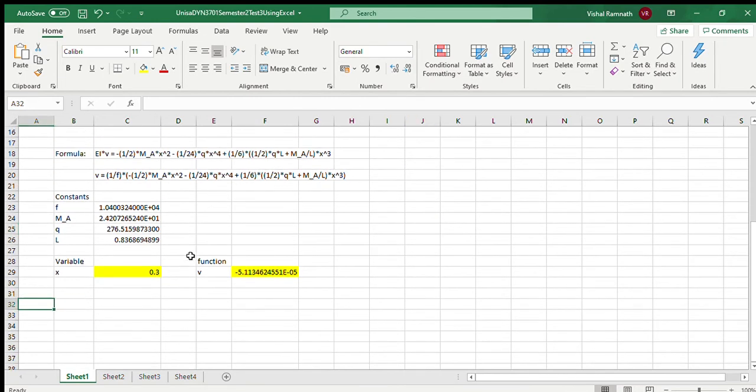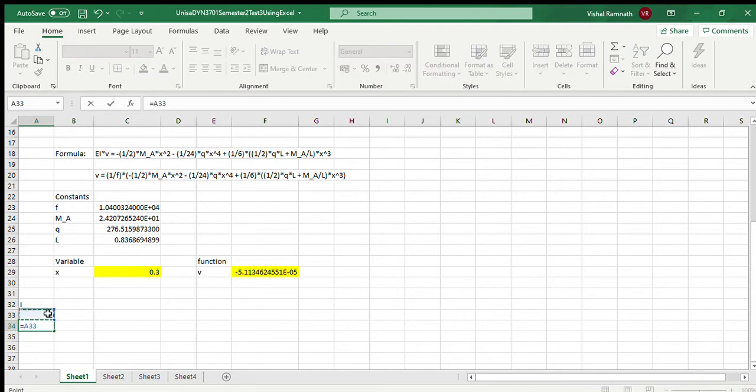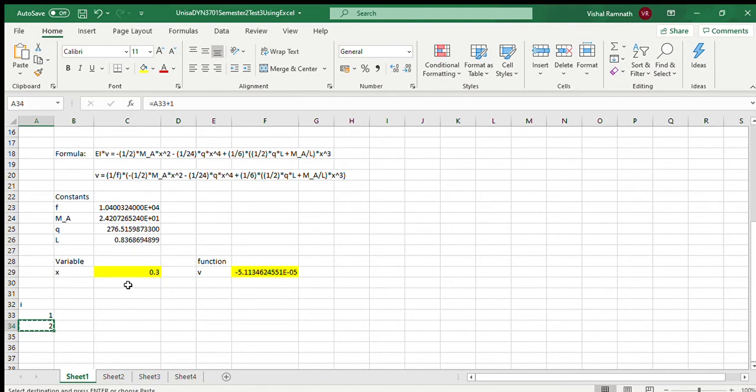I'm going to have an index I. Let's just call it 1. And then I'll say equals the value over there plus 1. That would be 2. I then click on it, right click on it, and say copy. Now I'm going to copy the formula.